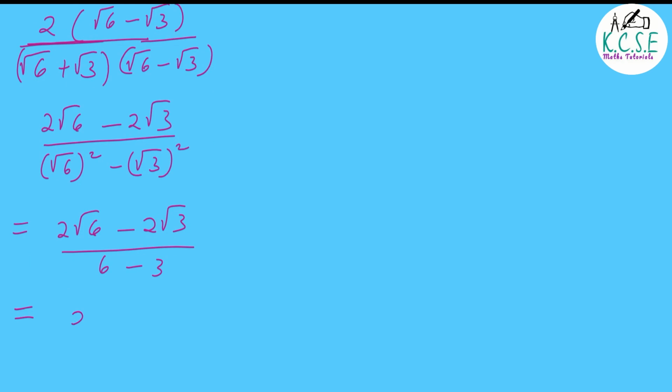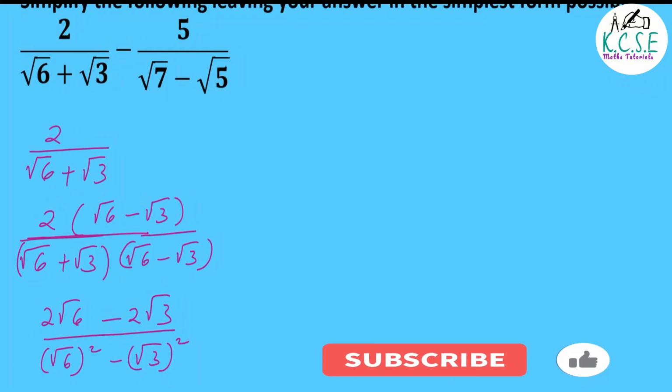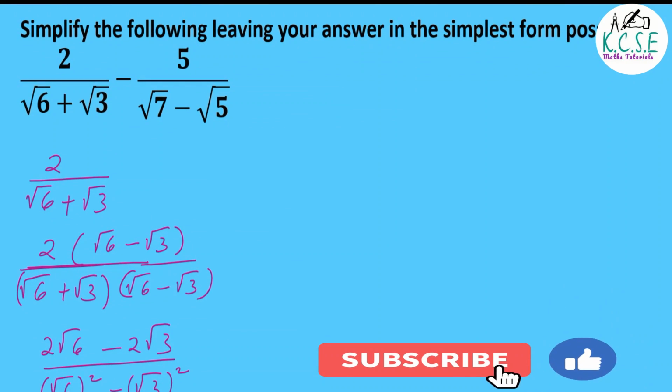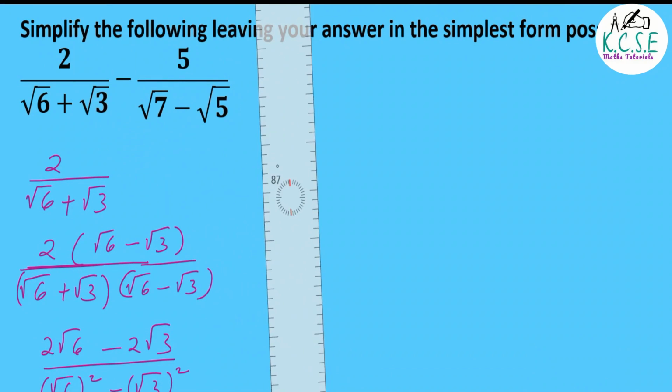Finally we get 2 root 6 minus 2 root 3, everything divided by 3. So that is one part of the fraction. Now let's go to the other part of the fraction.